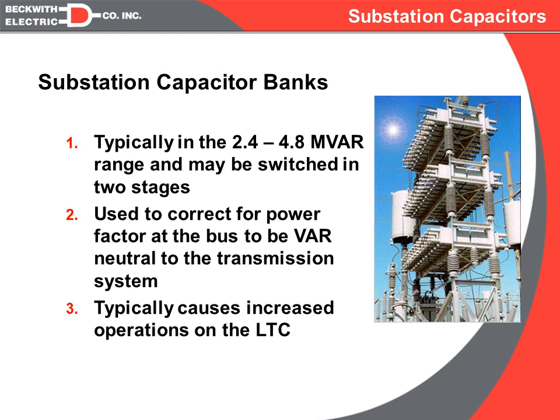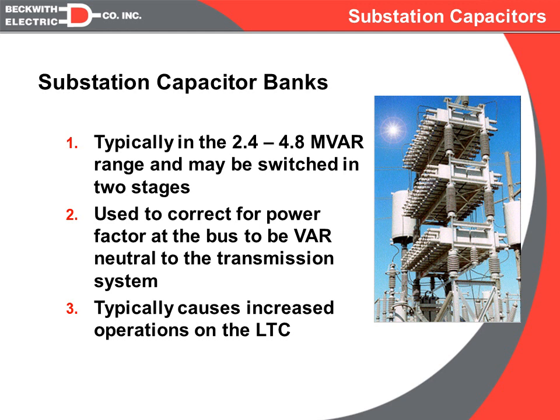And maybe we have to raise it twice. Finally, the load increases enough to where we do need the capacitance, so we turn the bank on, and in doing so, it creates a large voltage increase, which will then drive us out of band and cause the LTC to have to reduce the voltage.